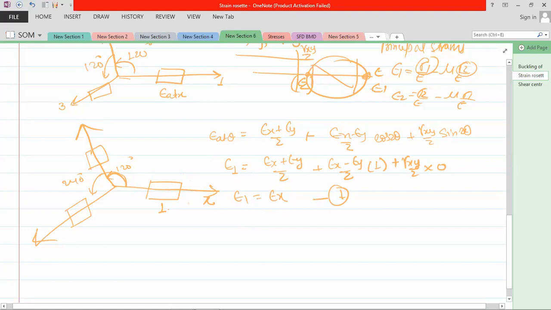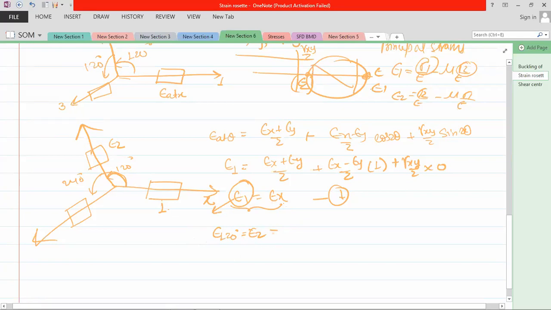That means directly from the first strain gauge you are getting a value. Now for the second condition, E at 120 degree, I am saying as E2. If you measure the strain value in one direction, you are directly getting the epsilon x value.